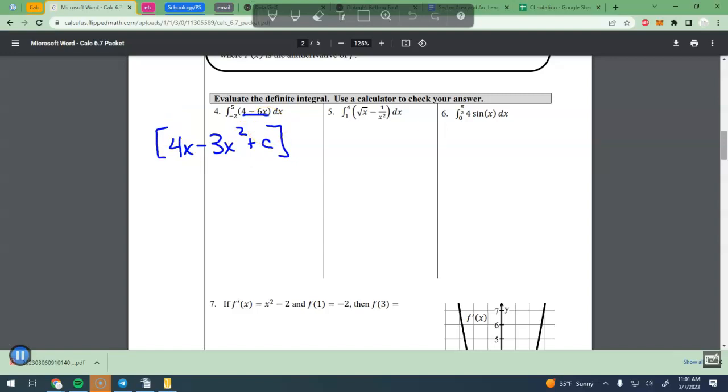Because I got to integrate the 4. So what did I take the derivative of to end up with 4? This 4x. You with me? Okay. So then I've got -2 and I've got 5. So my job is to plug in the top minus plug in the bottom. So I'm going to plug in the top minus I'm going to plug in the bottom.